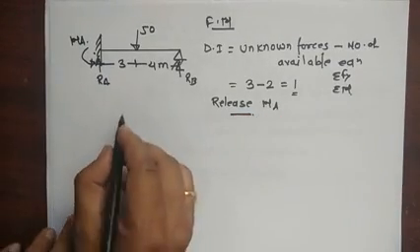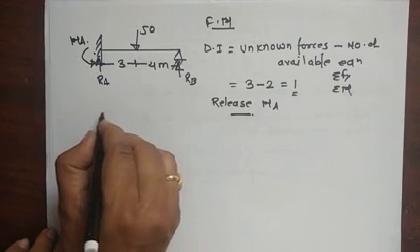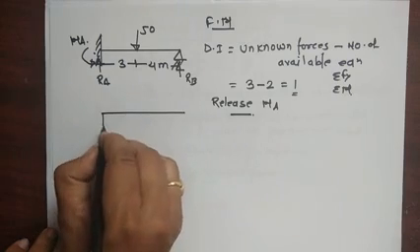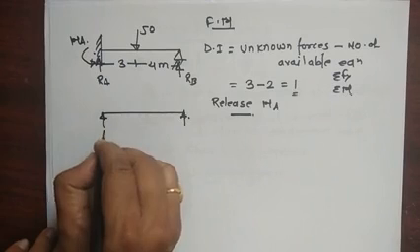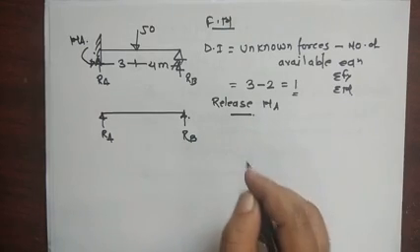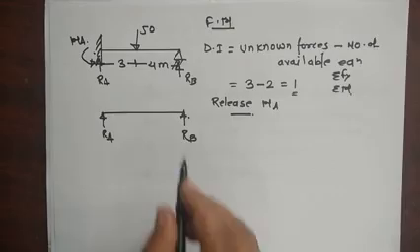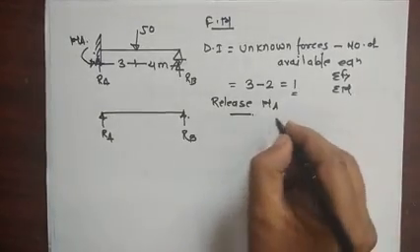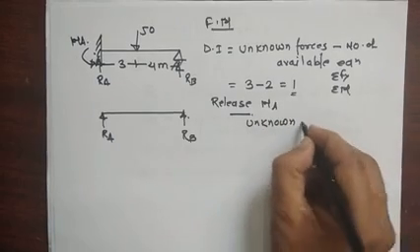So now RA and this is RB. Now here our unknown is now MA.